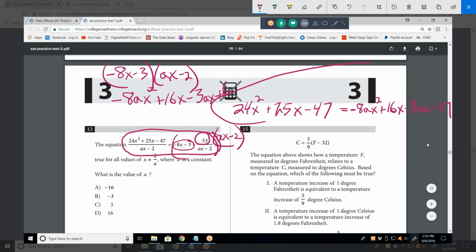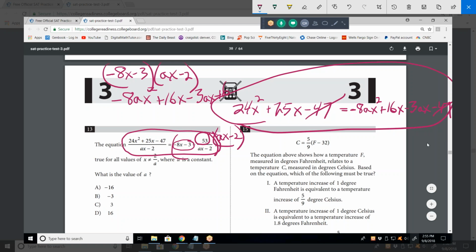Now we can solve it. What does minus 8a have to equal? The 47's cancel.